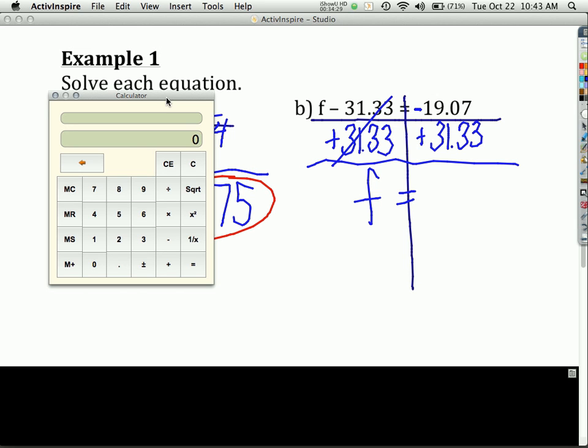So we need to use our calculator, but you have to use it correctly. 19.07 is negative, so watch what you do in your calculator. Type 19.07, and then there should be a plus-minus button somewhere on your calculator. You push that button and you turn the number negative. Now add 31.33 and you will get 12.26.